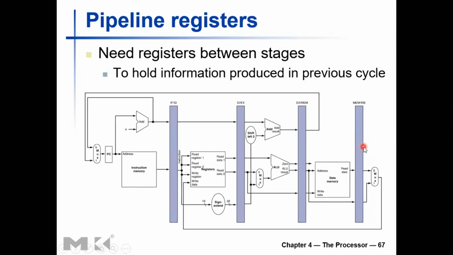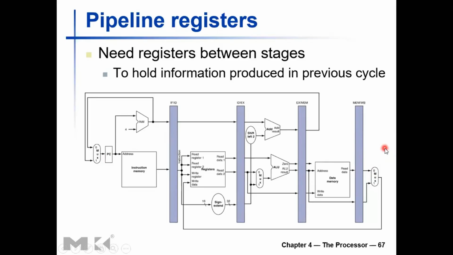And since only those data are required, you don't need a pipeline register between write back and the instruction fetch stage, right? So PC is a register, and register file is of course containing registers. So those are the things that are receiving any updated information after the write back stage.